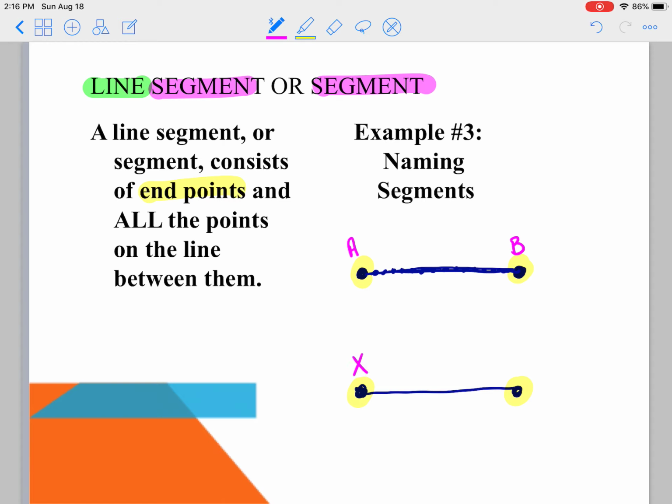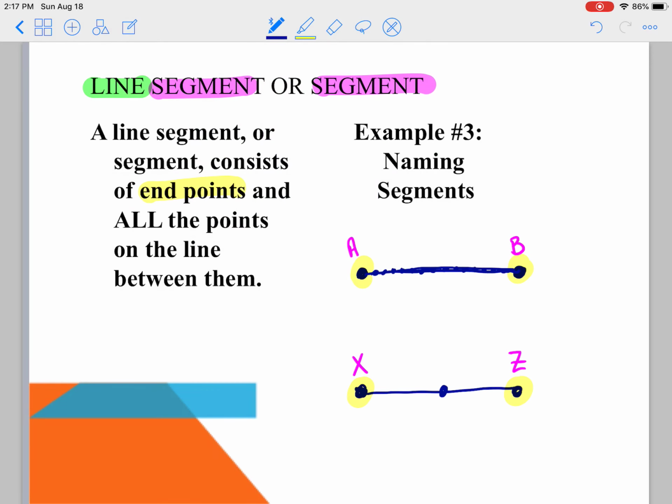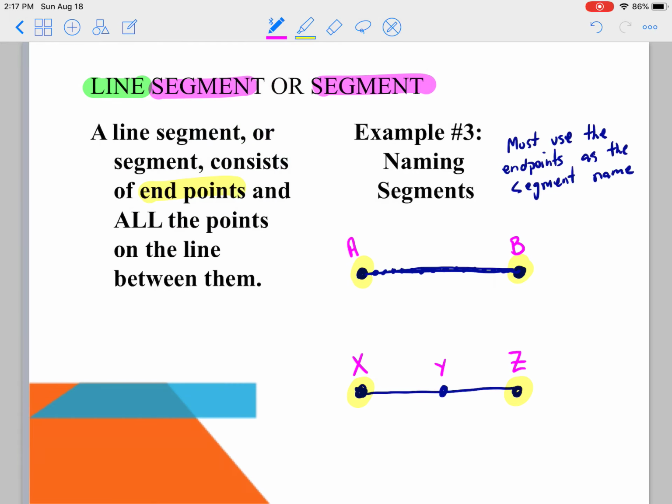So if I were to call this X and Z, and let's put a larger point here in the middle that just so happens to have a name for that point. So when naming these, you must use the endpoints as the segment name, okay? And so my endpoints in the top segment are endpoints A and B.